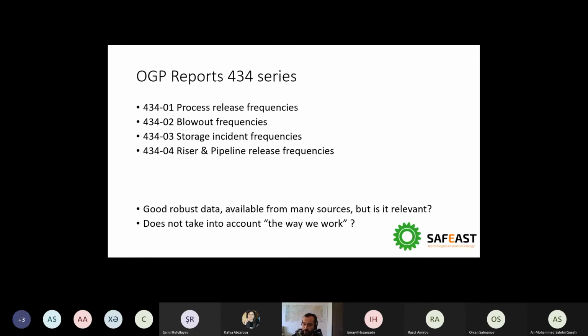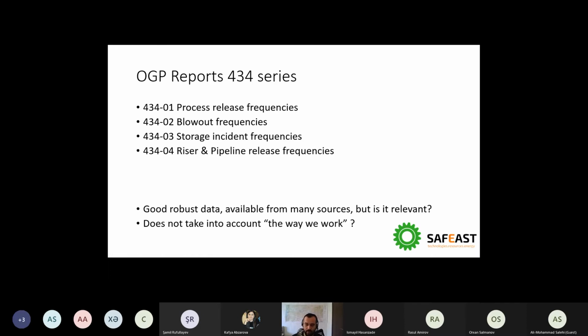So in terms of the first one, a published database, you can use the OGP report 44 series. We have very good release frequencies. You can see one of them is related to process facilities release frequencies. The second one is about blowout frequencies.